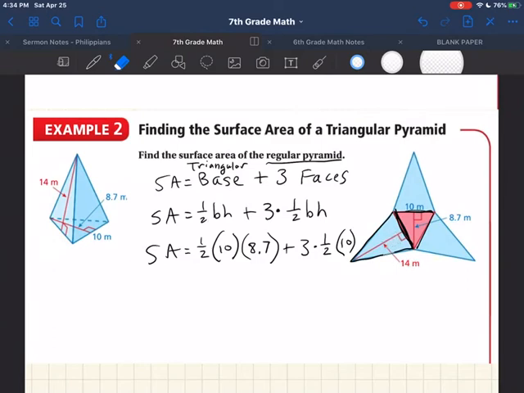So it's going to be 14 times 14. Okay, and then we're just going to have to get out our calculators and do some work. I know 1/2 of 10 is 5, so I don't even have to put that in my calculator. So 5 times 8.7 is equal to, so the surface area is equal to, notice how I keep my equal signs straight.